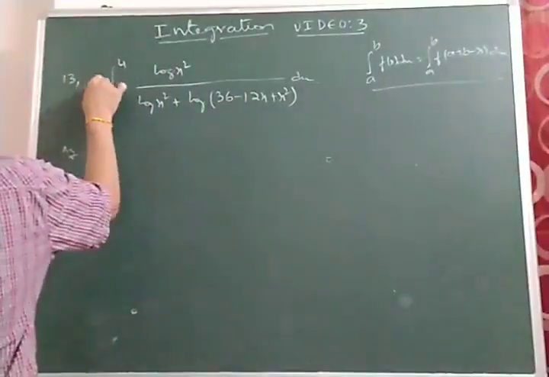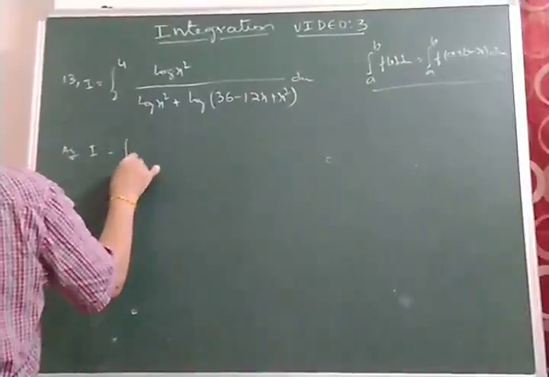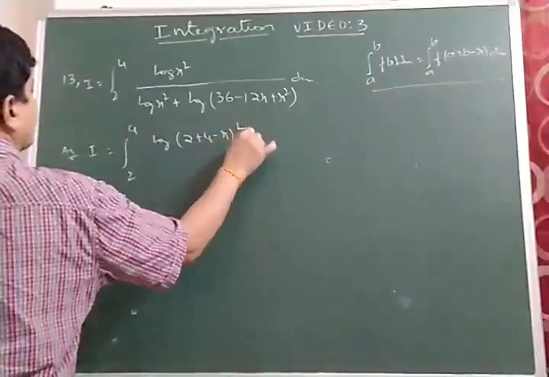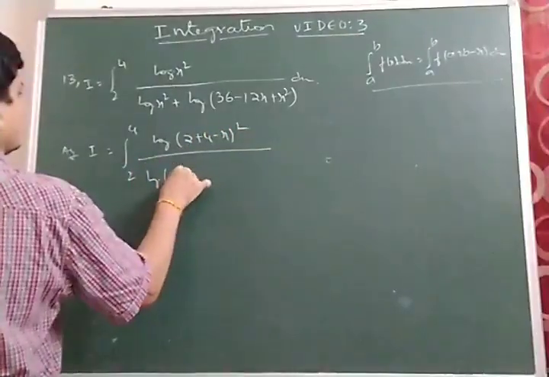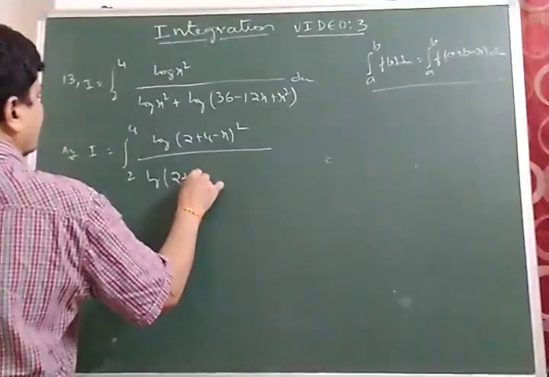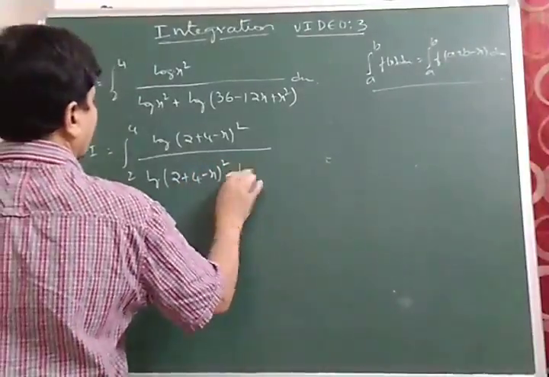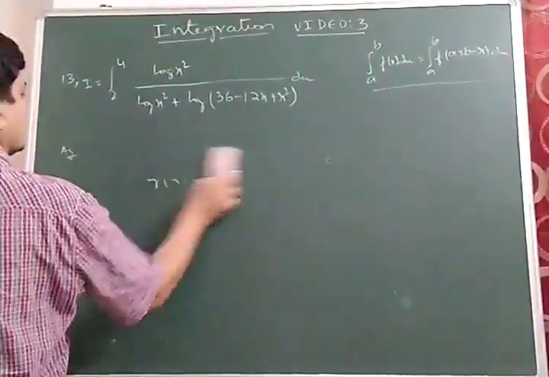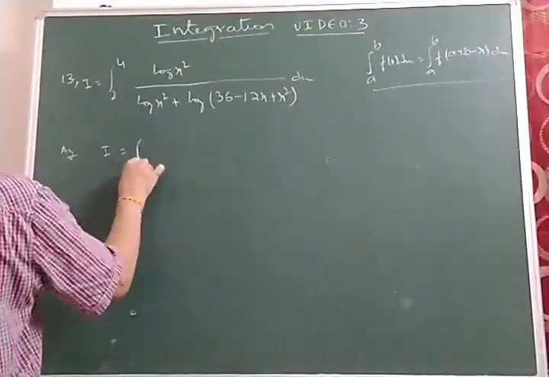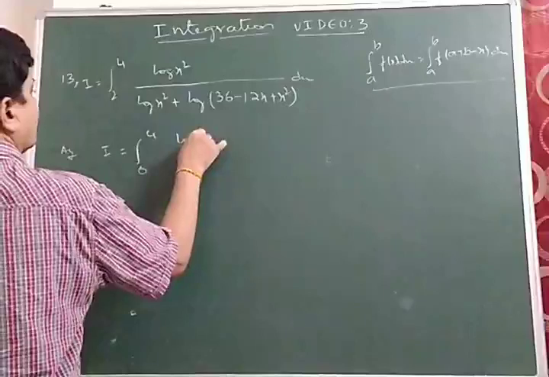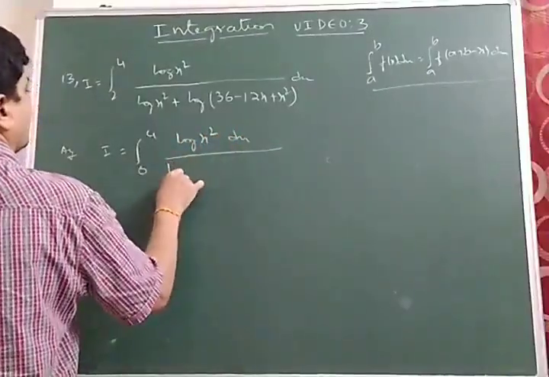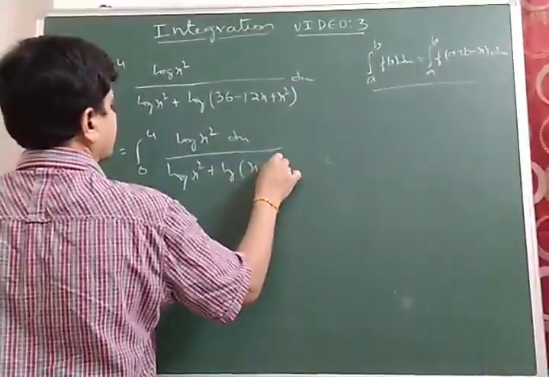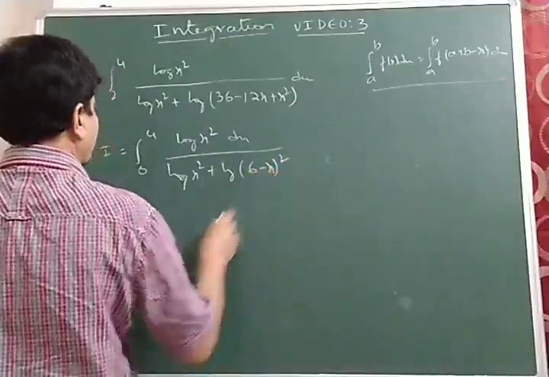So now I is equal to integral 2 to 4 log of (2 plus 4 minus x) whole square by log of (2 plus 4 minus x) whole square plus log of (6 minus (2 plus 4 minus x)) whole square.